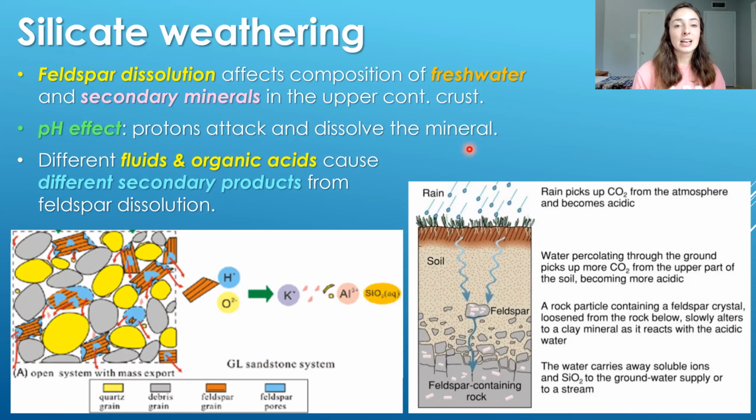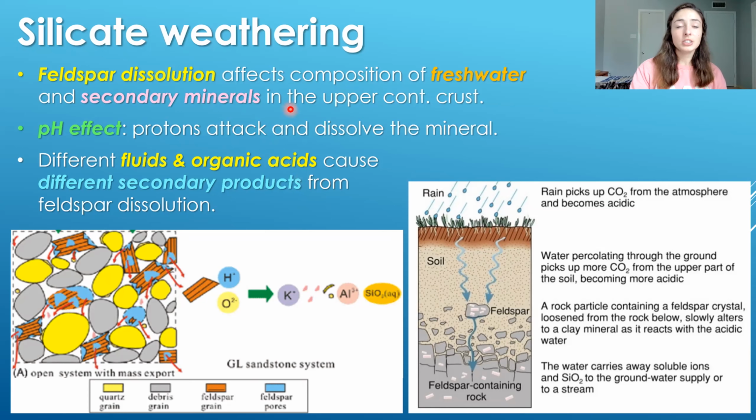We talked about how exactly this works with protonation in the organic acids section of the video, and different fluids, so different compositions of solutions and organic acids cause different secondary phases. So it's not only the composition of the primary mineral that affects the secondary phase, but also the composition of the water or solution or acid that's flowing through or being produced maybe by microbes on or at that mineral surface that can affect the secondary phases.